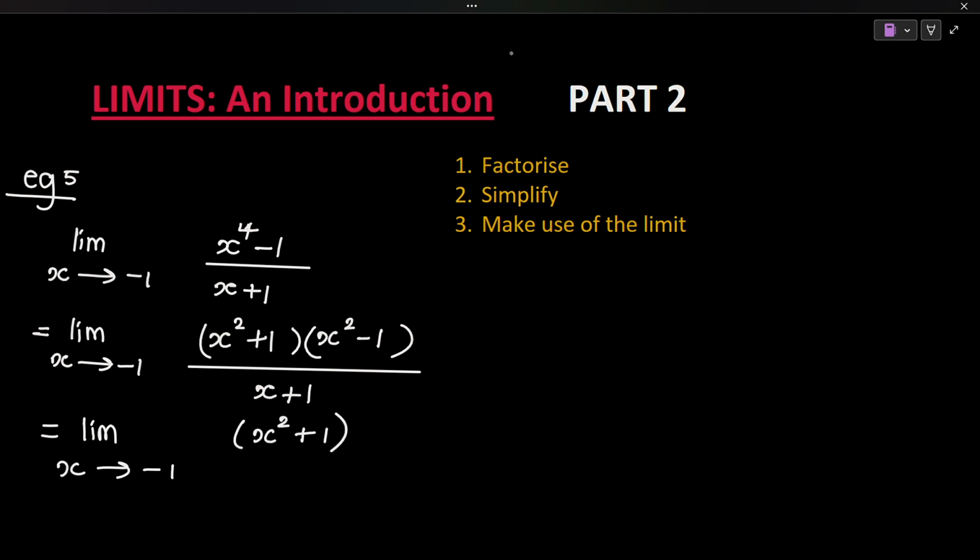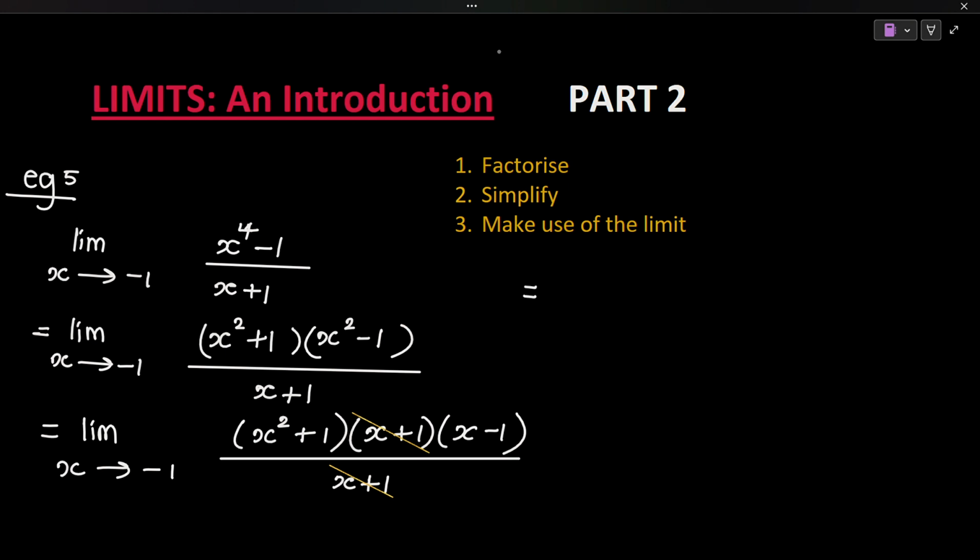So factorizing is going to give us x plus 1 x minus 1. And we've got the x plus 1 from the denominator. Now we notice that our numerator has x plus 1, denominator has x plus 1. They can cancel out with each other.